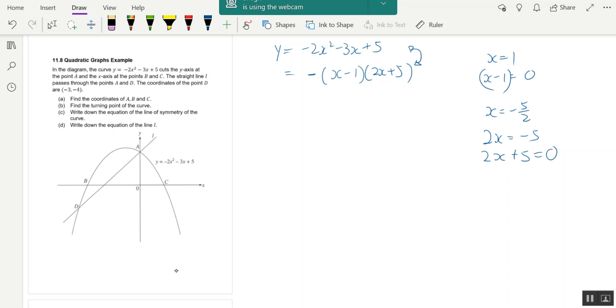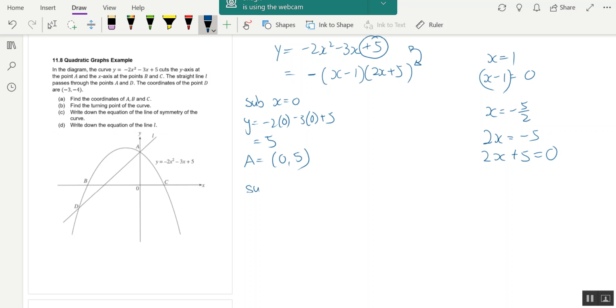Once I do this, okay, I can find out what are the coordinates of A, B, and C. So for A, it is the y-intercept, sub x equals to 0, or y equals to negative 2 bracket 0 minus 3 bracket 0 plus 5, or if you're fast, it is just this number here, which is equals to 5. Okay, so which means that A is equals to (0, 5). For B and C, they are the x-intercepts.